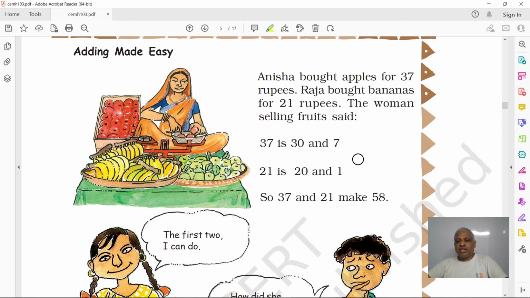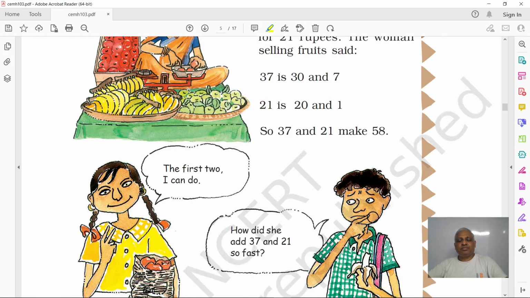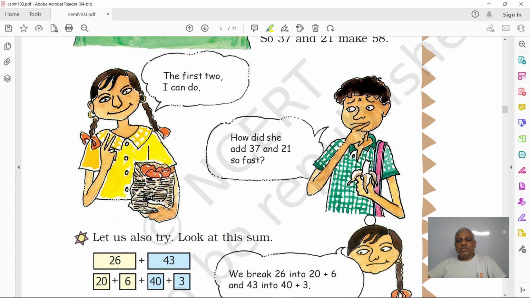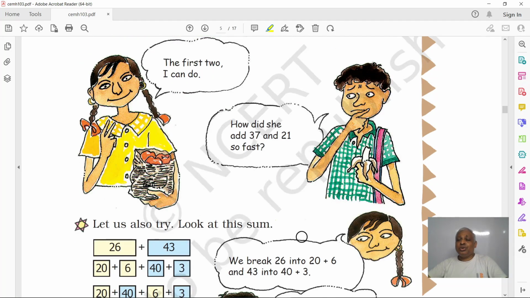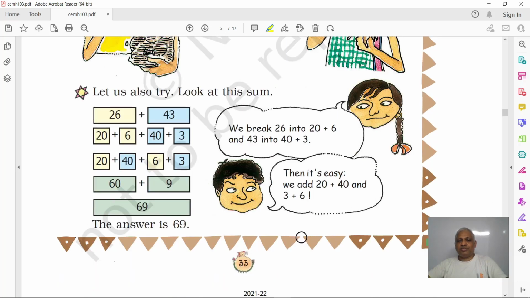This is making our life easier. 30 plus 20 is 50. 7 plus 1 is 8. 50 plus 8 is 58. So these kids are wondering how she could make the total so fast. She used this trick to add those two numbers.